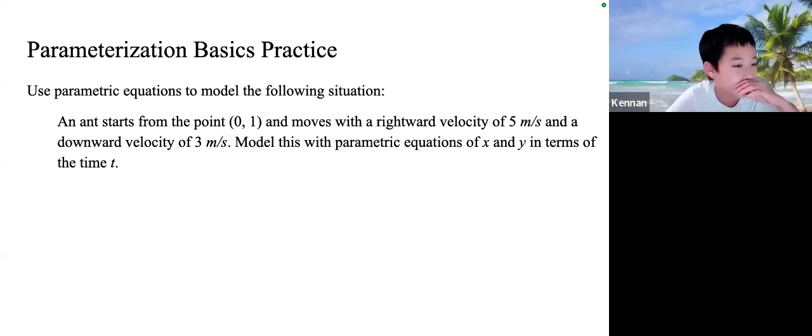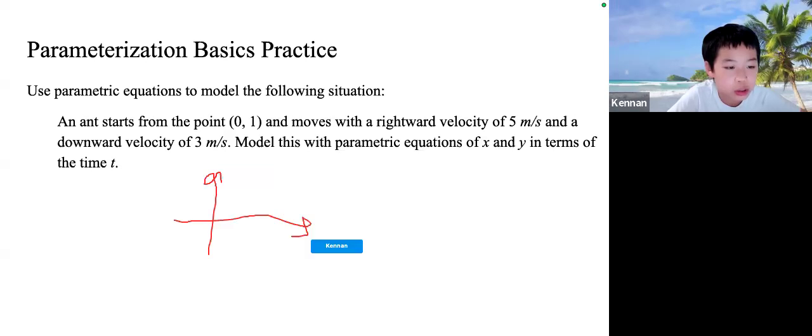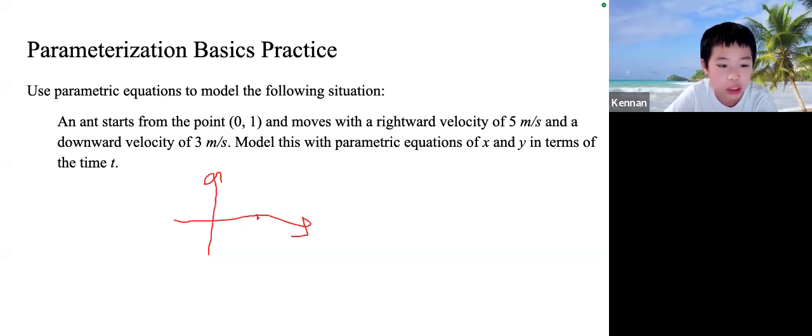I'll just talk about it. So first of all, we have an ant. It starts at the point (0, 1), and then it moves right with a velocity of 5 meters per second and a downward velocity of 3 meters per second.